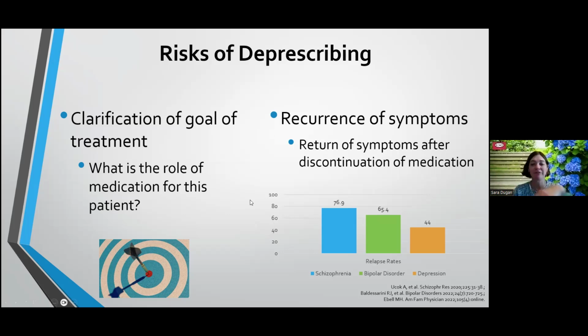So I was able to find in the literature relapse rates after discontinuation of treatment. For patients with schizophrenia, and this was relatively early onset schizophrenia, the relapse rates were about 77% over the course of a couple years. For bipolar disorder, it was 65%, over the course of 18 months. And for major depressive disorder, it was 44%, and that also was over the course of a couple years.